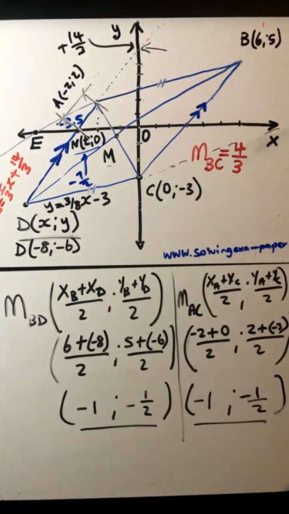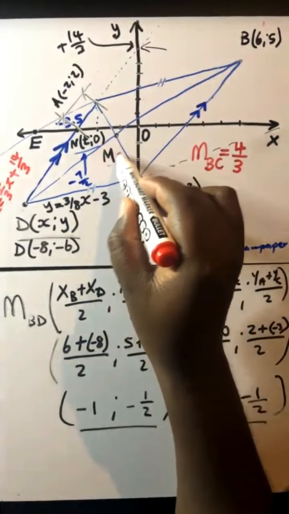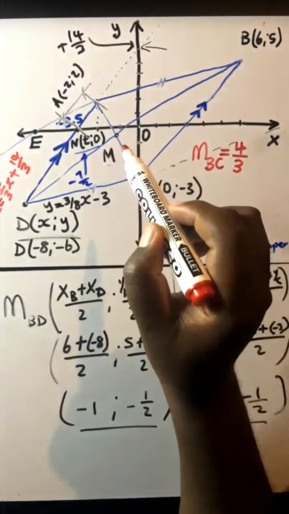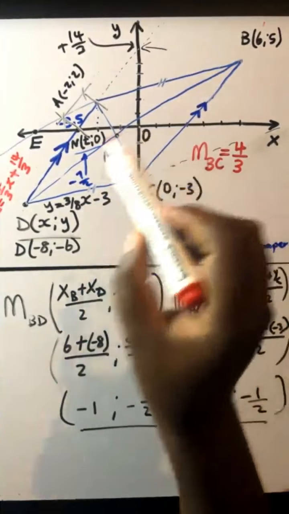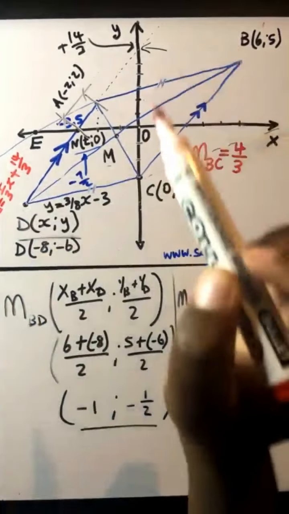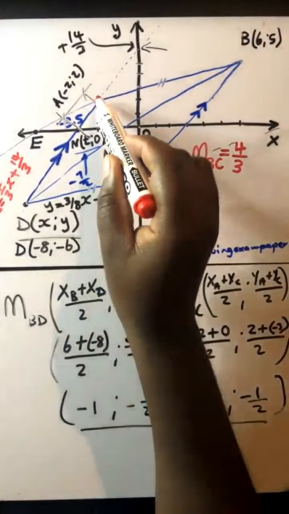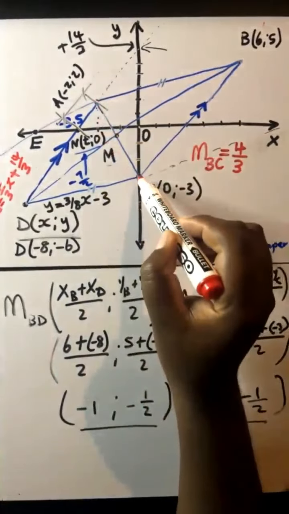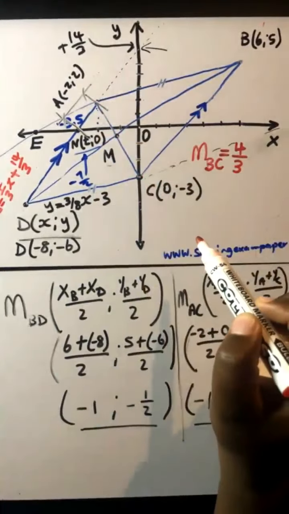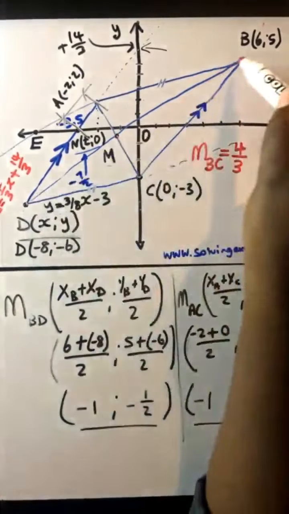Let me just use what I've done to explain. M is the midpoint of this and that. So M is the center of these lines.